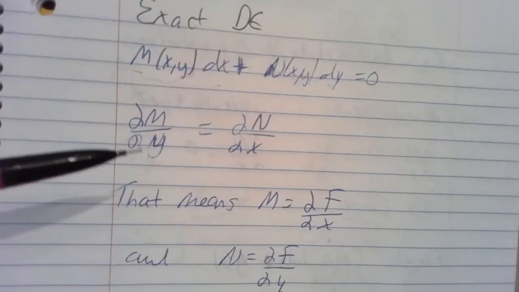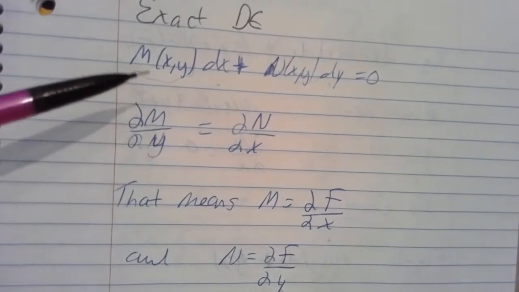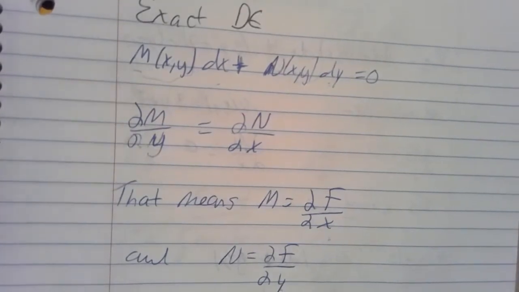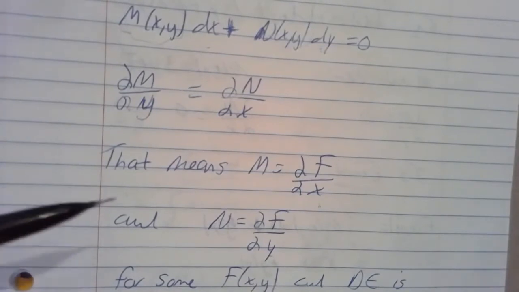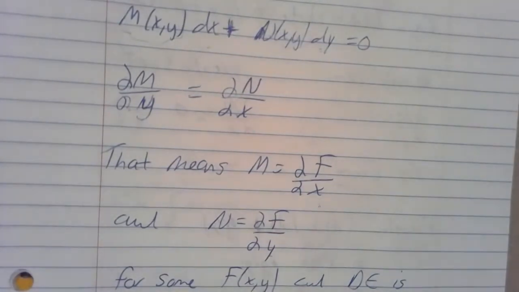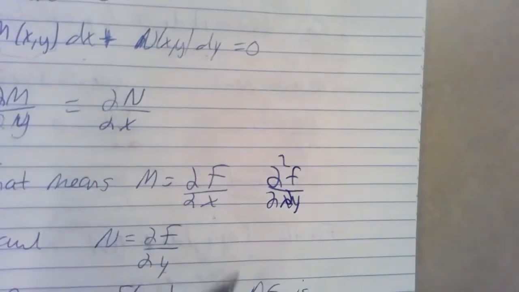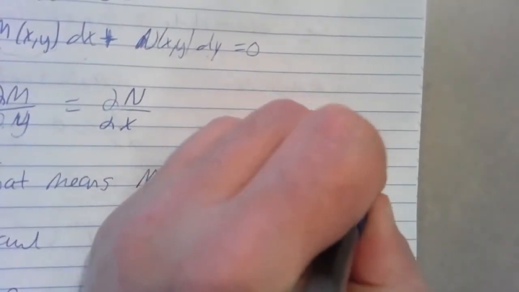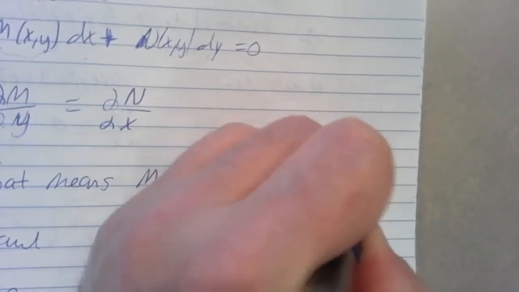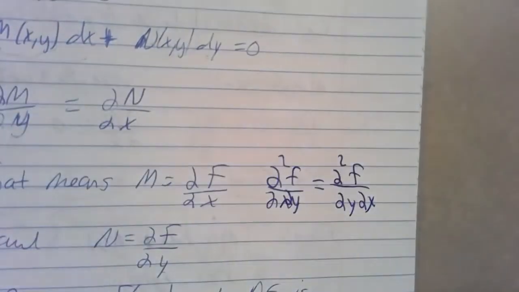Remember, from Calc 3, if a function is continuous, the mixed partials are equal. Remember that the second partial for any continuous function, the second partial of f with respect to y and x, so you do it with x first, then y, that's the same thing as if you do it with respect to y first and then with respect to x.